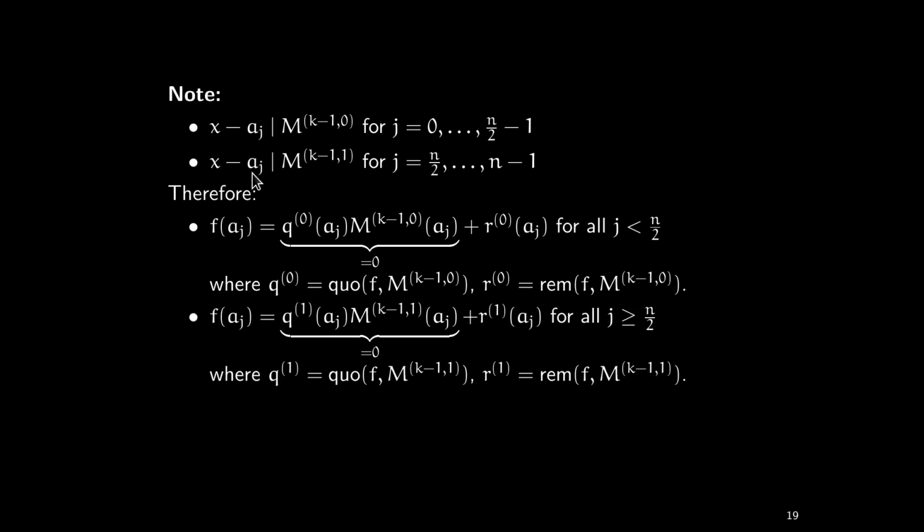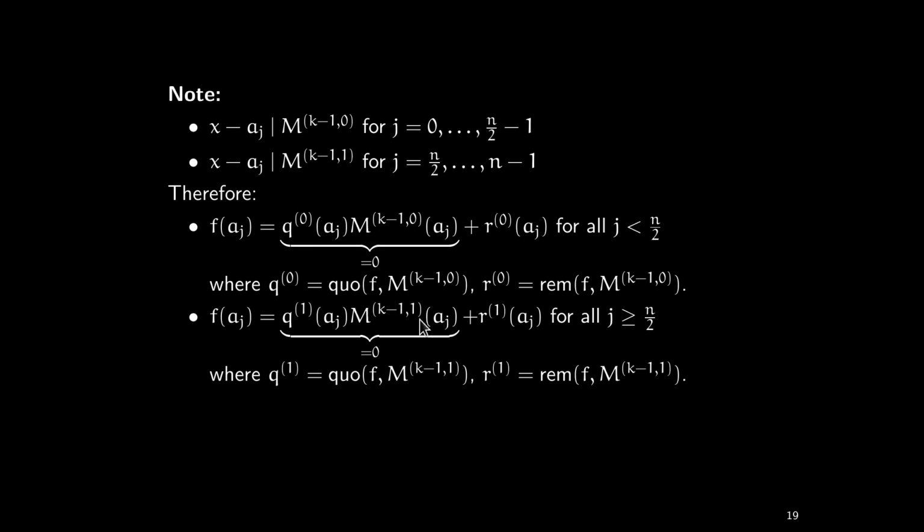And for the second half, it's the same, just with the other polynomial. So M_{k-1,1} is the product of the second half of the lowercase m's, these ones, running from here to there. And so if you want to consider the value of f at one of these other evaluation points, the second half, then you can also take quotient and remainder, but with respect to the other M here.